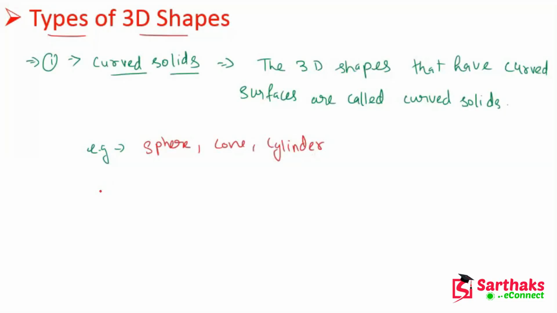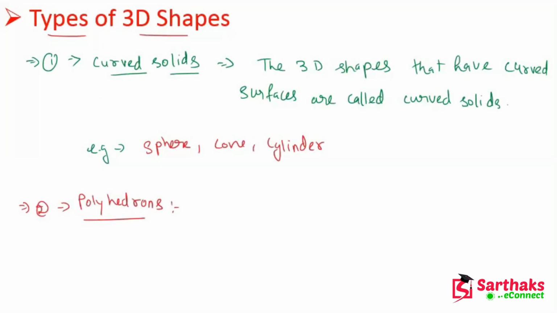Now the second one is polyhedrons. What are polyhedrons?